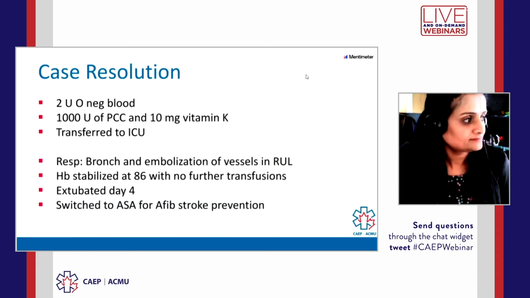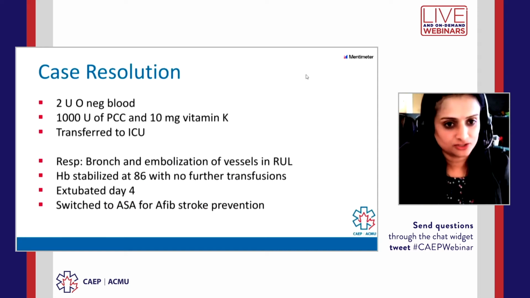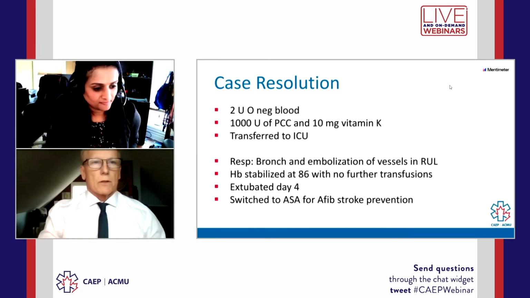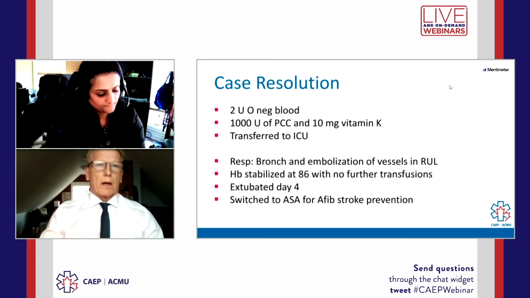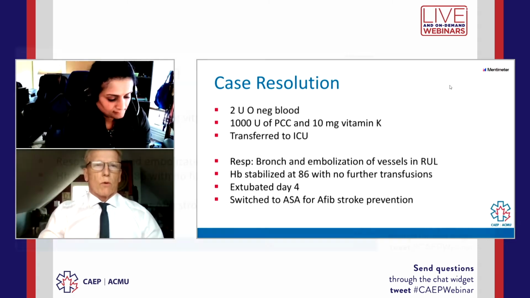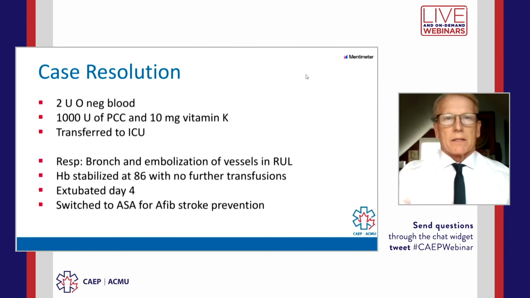The next slide. So I'll pass it on to Rob. Sure, the case resolution. He got 2 units of O-negative blood up front. He did get 1,000 units of 4-factor PCC and some vitamin K IV. He was transferred to the intensive care unit. Respirology came in, bronched him, and they embolized a couple of vessels in the right upper lobe that were the culprit vessels.